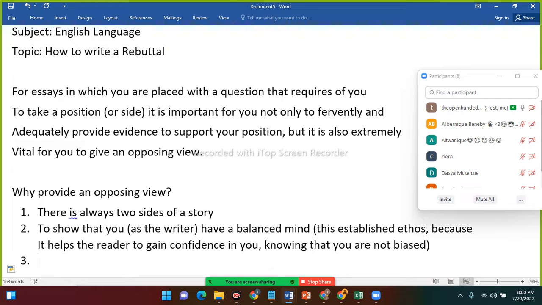So then there's that. Why else can we provide an opposing view? Because there's always two sides of the story, you want to show that you have a balanced mind, establish ethos. Albanique, why do you think it's important to provide an opposing view in your essay?